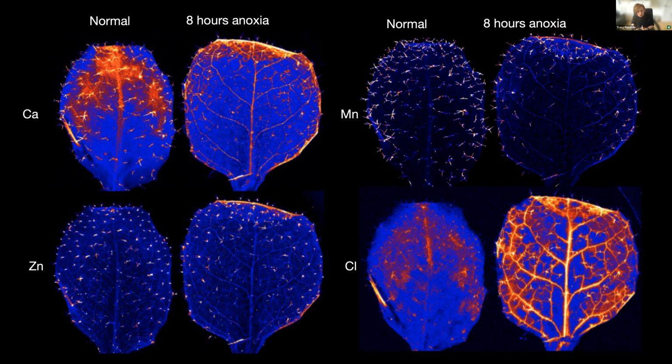So we do see lots of changes, but we've had to really try and streamline the organization of this because there's so many elements involved, and there's the normal progression of anoxia, and then there's the mutant progression of anoxia. So we are really struggling to image fast enough to capture what's going on.